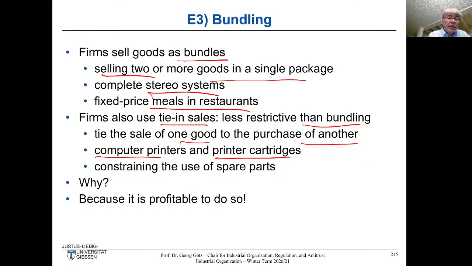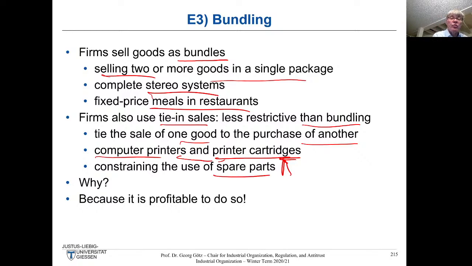It's like bundling because you bundle these two together, but it's different. A bundle typically consists of one unit of one thing and one unit of the other, whereas here you buy one printer but might buy several printer cartridges. We will get back to that later.